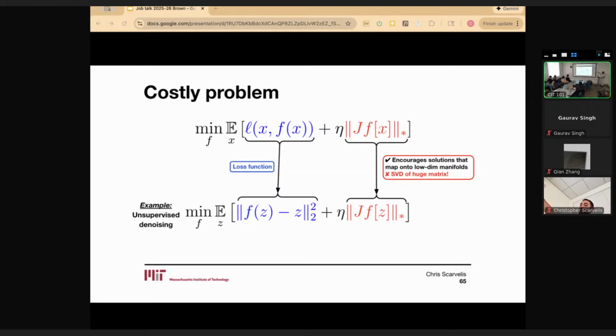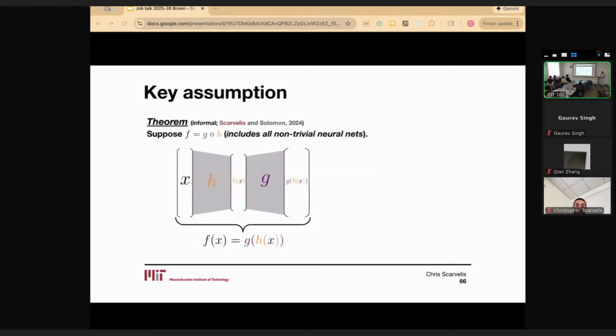And to encourage our solutions to map onto low-dimensional manifolds, we've regularized this problem with the Jacobian nuclear norm. As we just saw, solving this problem is going to be way too costly in practice because computing that regularizer entails taking the SVD of a gigantic Jacobian matrix. Okay, and our result is going to save us from having to do this very costly Jacobian computation.